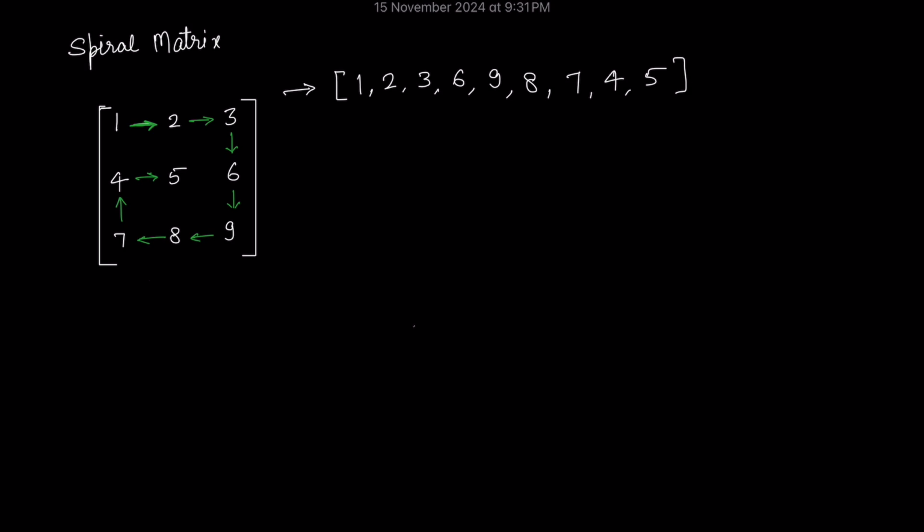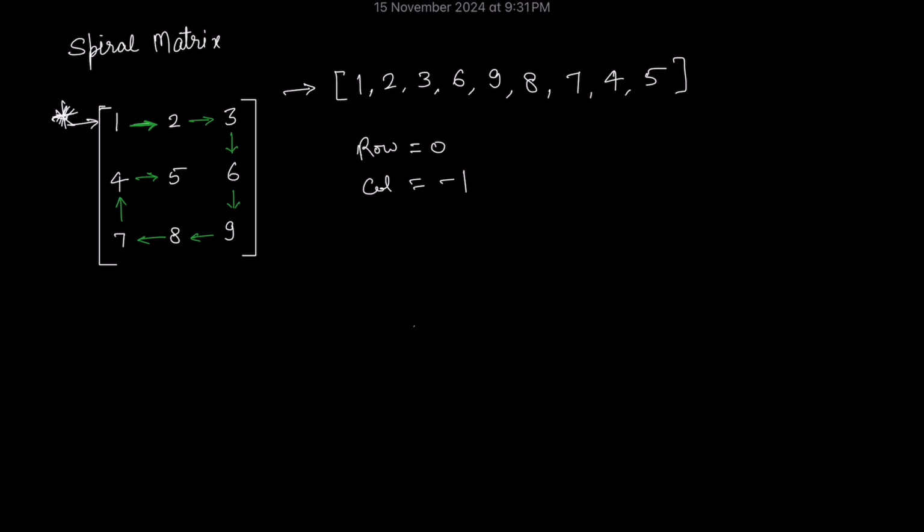So, what will be our approach to solve this one? See, if we start from the first row, the row initially we will start with 0, and the column we will start with -1, because our position is here.